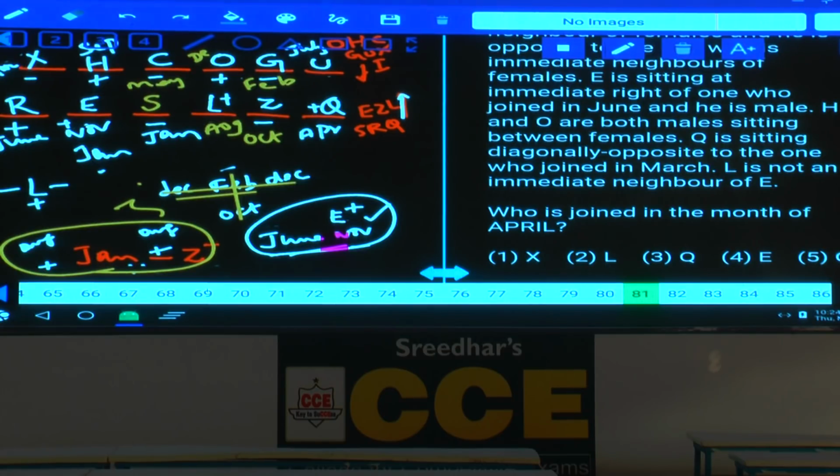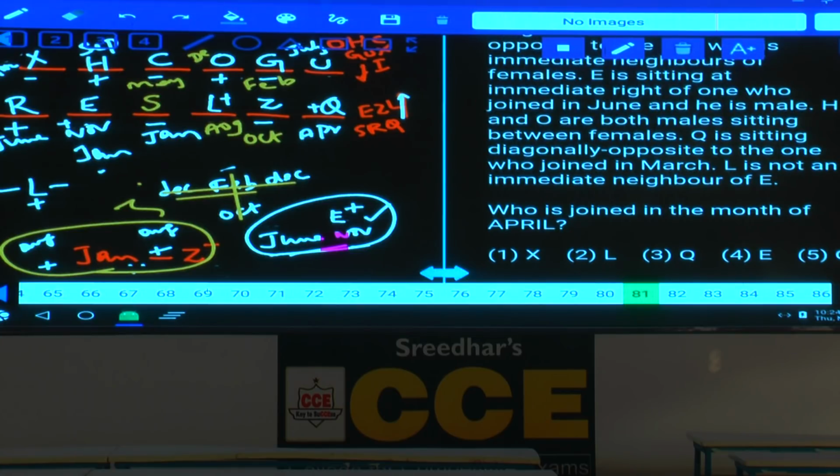Then, now regarding this Q and U. Now Q is a male. As Q is a male, 1, 2, 3 and 4, 5. And so many males? 6 males. And U is a male and the remaining 6 are females. Clear now? Tell me how many males and how many females are there?